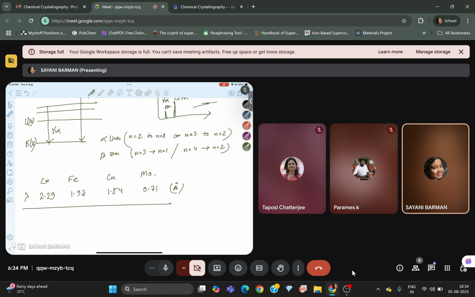This is very important. And there is also a certain beta filter, where we filter the X-ray so that it doesn't directly fall on the detector.